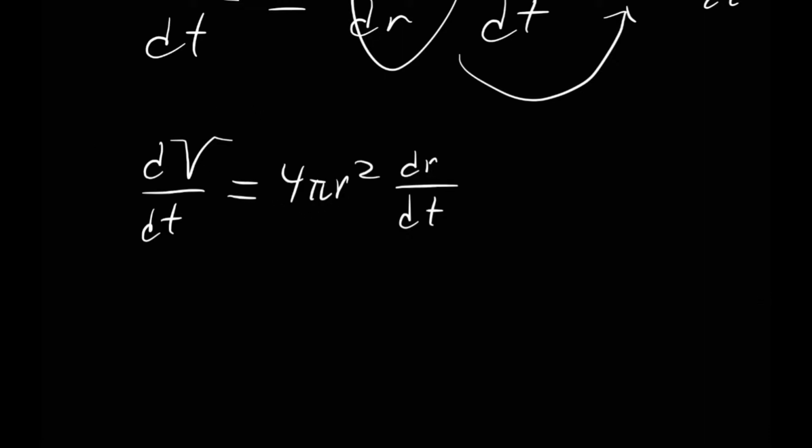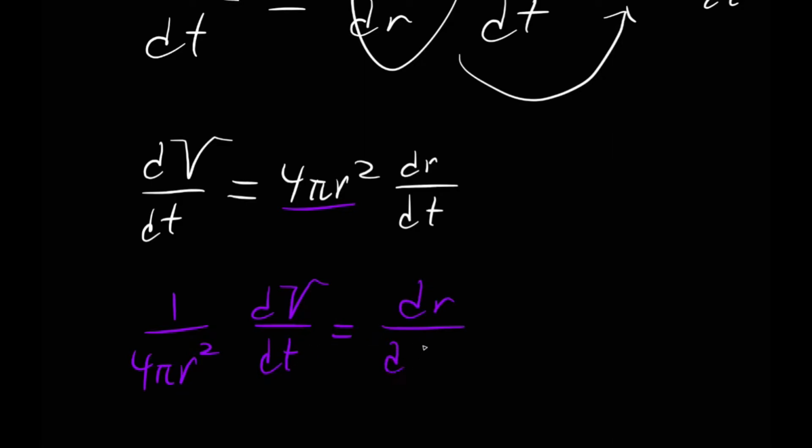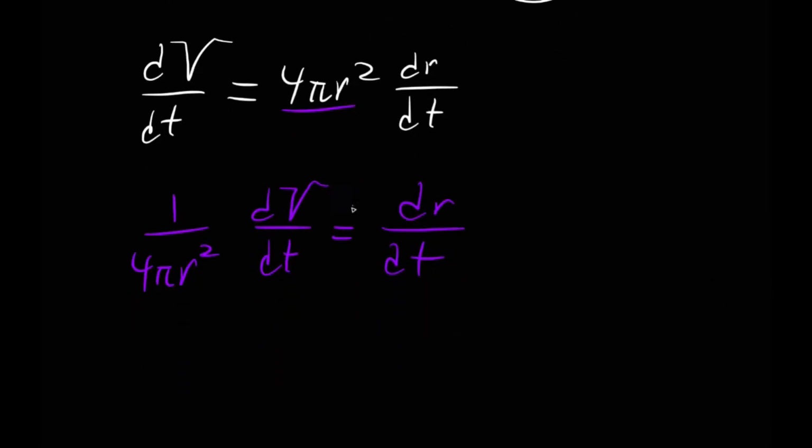But the one thing that we have in this equation that is not a quotient or an operator is this 4 pi r squared, and we are looking for dr dt. So, all we have to do, 1 over 4 pi r squared times dv dt equals dr dt. Does that make sense? All we did was divide the 4 pi r squared over. That was all we had to do.